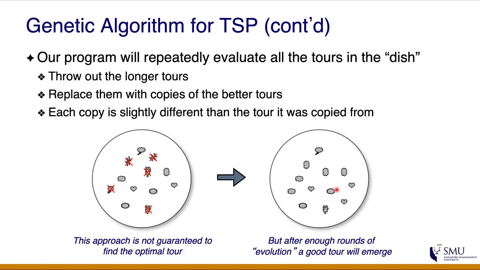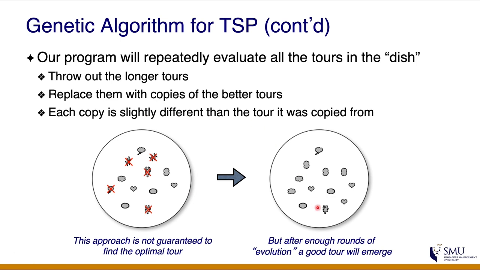The way it works is that we evaluate the goodness of all the tours in the dish, and for the ones that are not performing as well when compared to the other current tours in the population, we are going to delete them, and replace them with copies of the better ones.